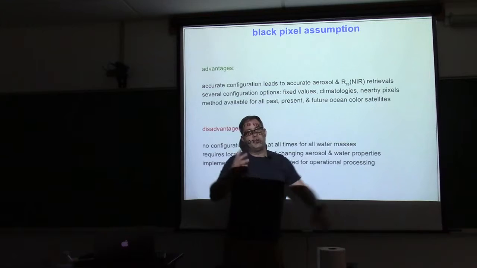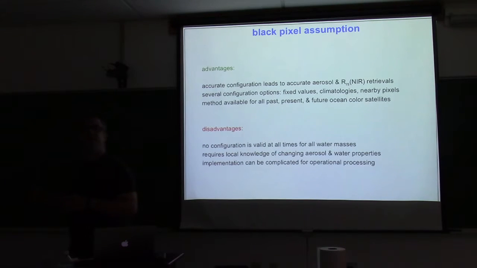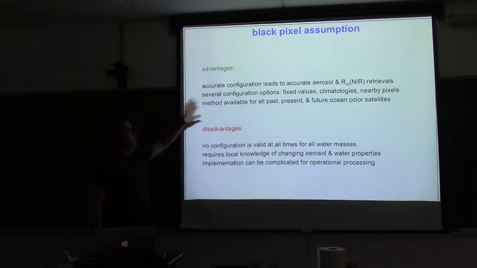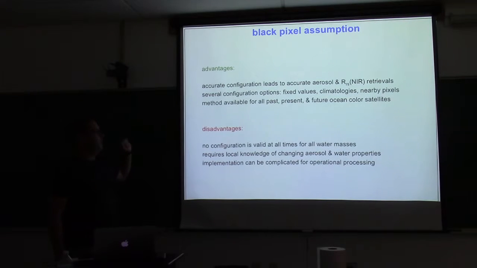Or perhaps you could just search nearby pixels where you know the assumption for black pixel is valid, calculate it there, and then translate that to the pixels where you know the assumption is no longer valid. The final advantage is that this method is portable to all different kinds of sensors. Everything that is flown, you can use this method.